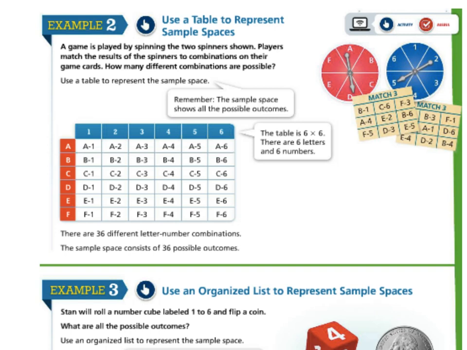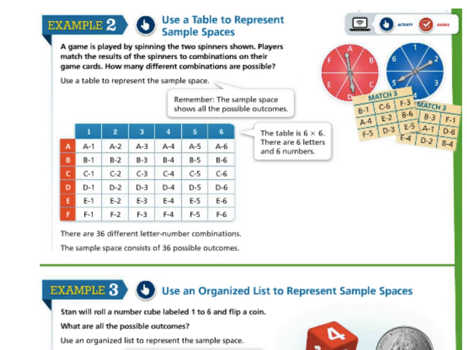You can see from the 2 spinners that the spinner on the left, the red one, is lettered A through F, and the spinner on the right is numbered 1 through 6. Making a table just means put each of those outcomes along either the left side or the top of the table, and then combine the two outcomes to create those letter and number combinations.